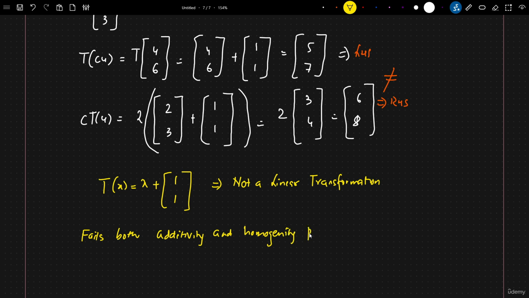So this is one very clear example where it does not satisfy the linear transformation technique.